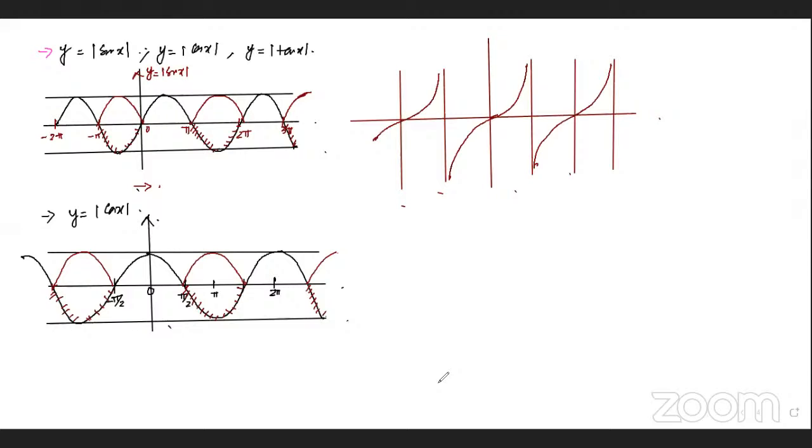Okay. Now, if we talk about this, this is 0, this is pi by 2, this is pi, this is 2 pi, 3 pi by 2, this is minus pi by 2, this is minus pi. Now, y is equal to mod of tan x means what is the graph?